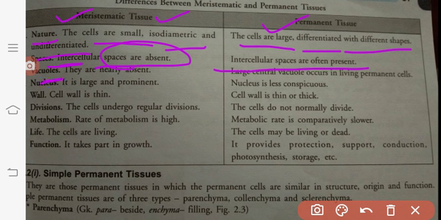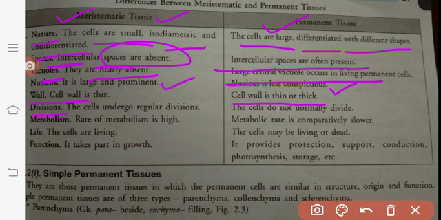Next बेटा, vacuole, vacuoles are absent in meristematic tissue. Large central vacuoles are present in the living permanent cells. Next nucleus, nucleus is large in meristematic tissue, इसमें nucleus क्या है, less है, cytoplasm is scanty. Next बेटा, wall, cell wall is thin in meristematic tissue, इसमें cell wall is thin or thick.